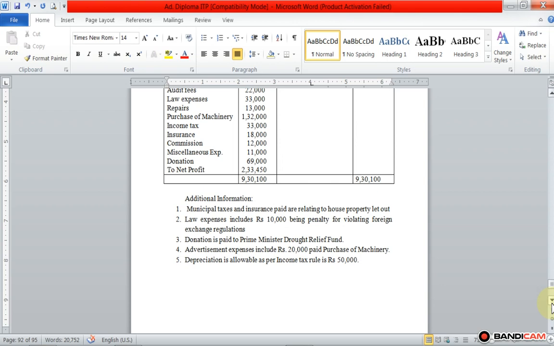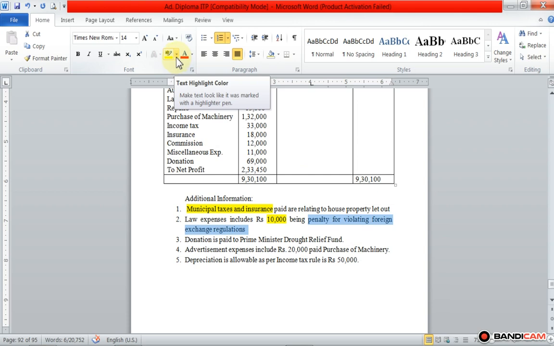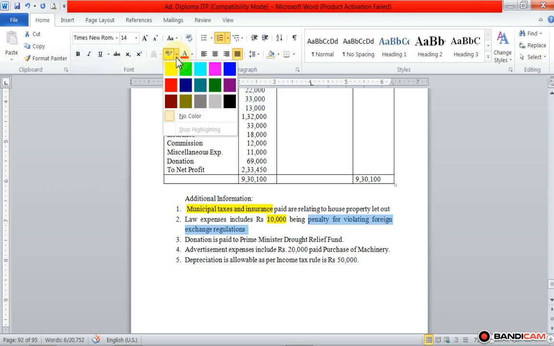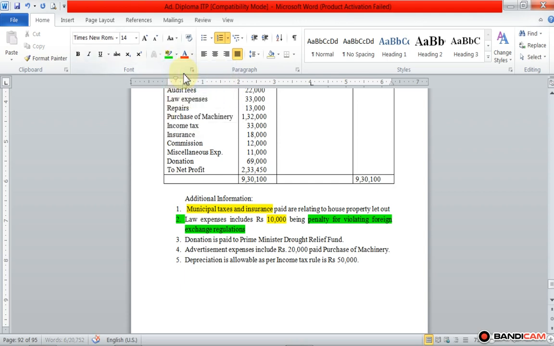Then the second additional information is that law expenses include rupees 10,000 being penalty for violating foreign exchange regulations. So a penalty amounting to rupees 10,000 for violating foreign exchange regulations is included in law expenses.